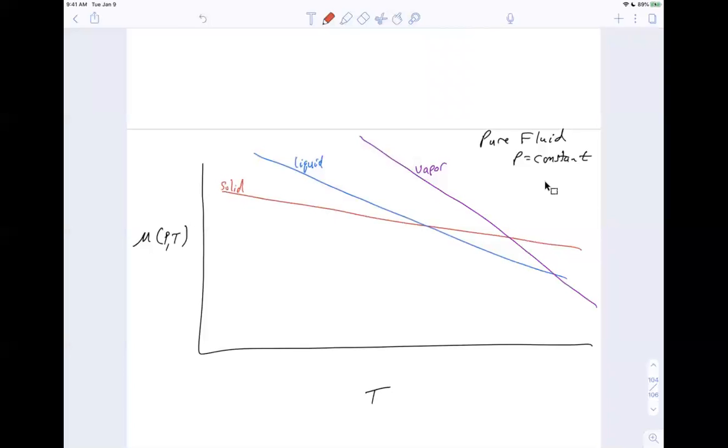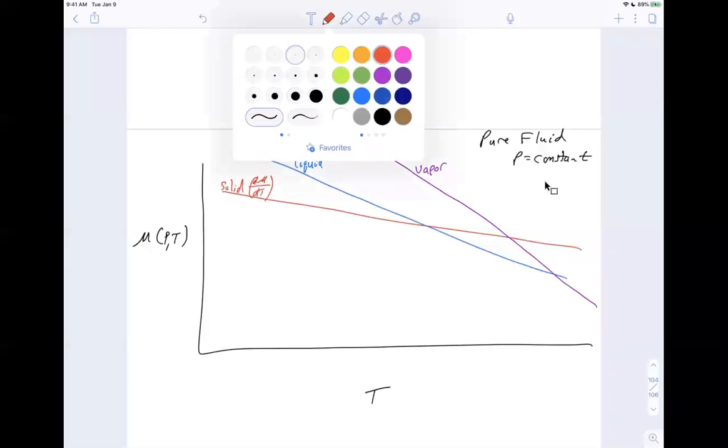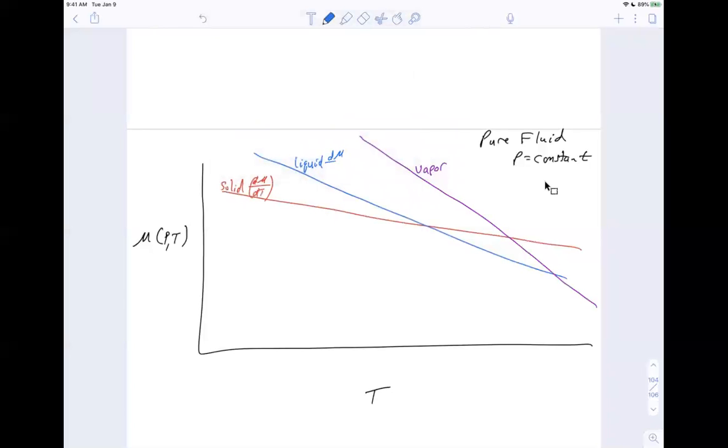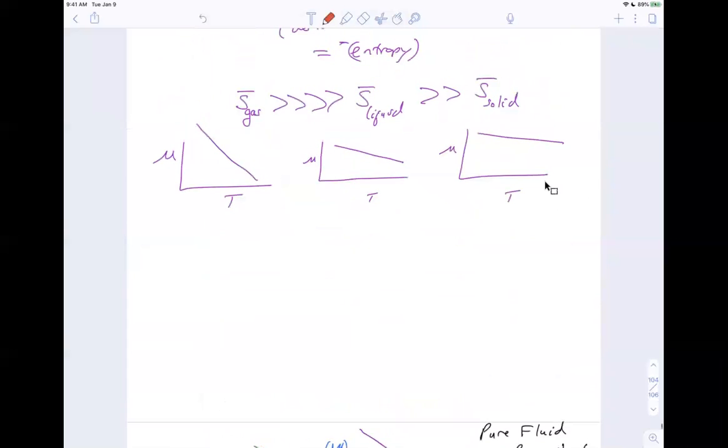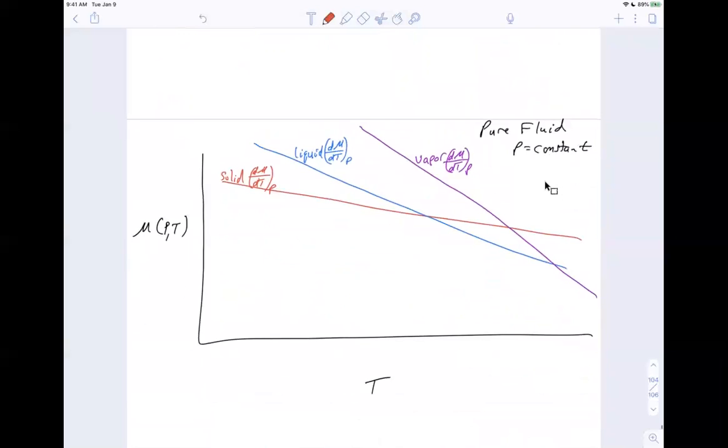What I'm plotting here are now d mu dT, the slopes, and these are at constant pressure. These lines that I've just drawn correspond to the lines in these individual plots; I've just put them all on one plot. In this case, we picked a particular pressure, and that's always going to remain constant.